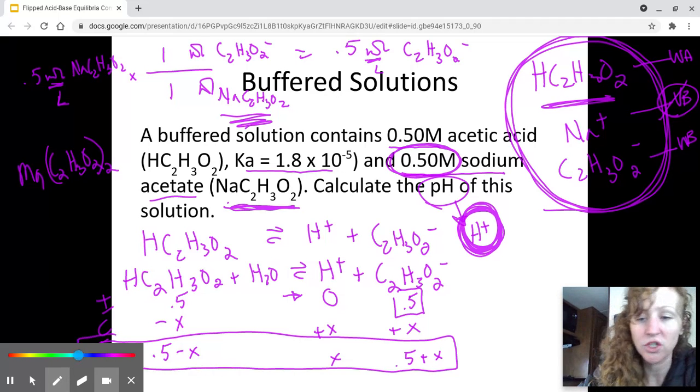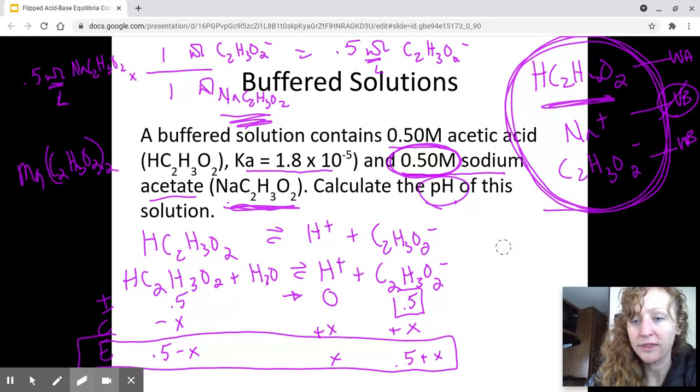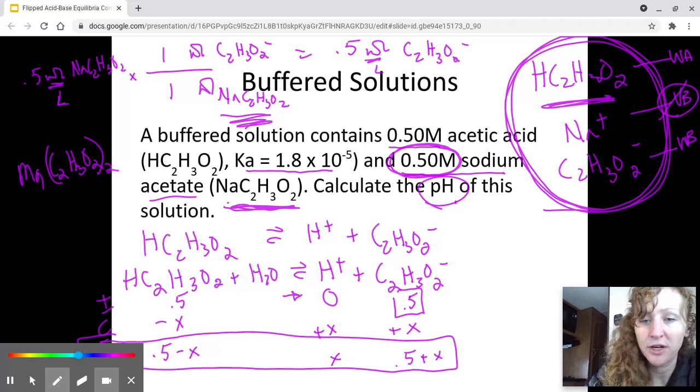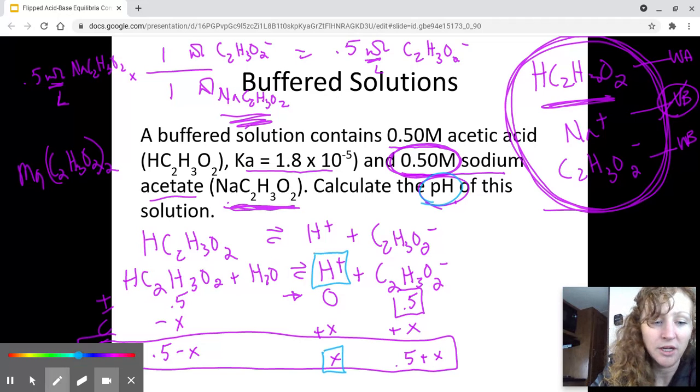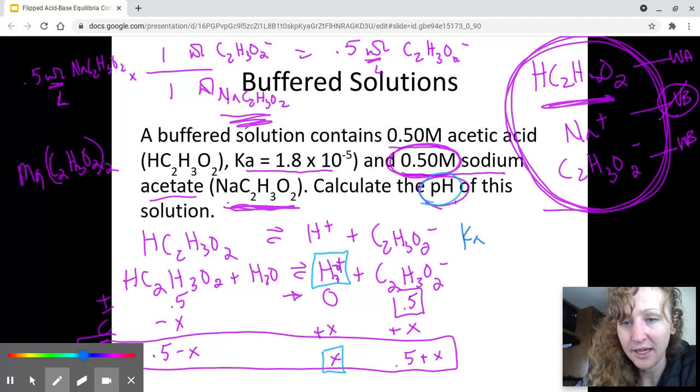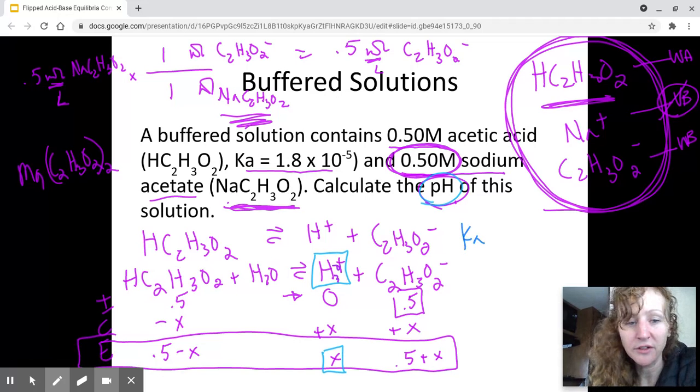I'll switch colors to figure out what that x is, because remember, I care about pH. I'm trying to find the hydrogen concentration, right? Oh, if I'm writing the reaction with water, that should be H3O plus. Minor details. Okay, so my Ka, which I have been given for my acid, is going to be equal to x times 0.5 plus x over 0.5 minus x.